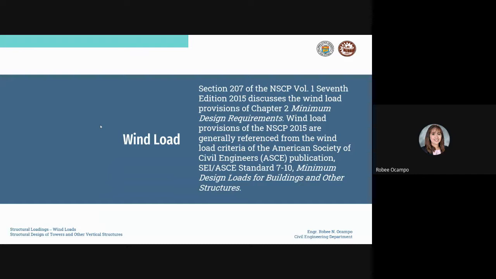So doon na rin siya naka-base, hindi na sa UBC. So wind naman, of course, ASCE pa rin, but to be more specific, for the design and computation of antenna supporting towers, TIA pa rin yung gagamitin ng NSCP. Okay?